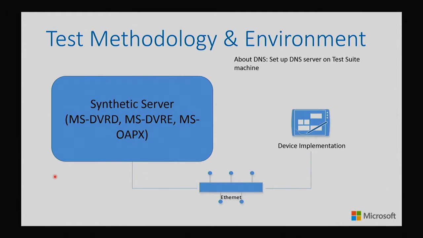For the test methodology and environment, we have developed a synthetic server test suite. The test suite will act like a server to return response messages to control the device side state and compare it with the expected state. If they don't match, we will return a verification error message and fail the test case.